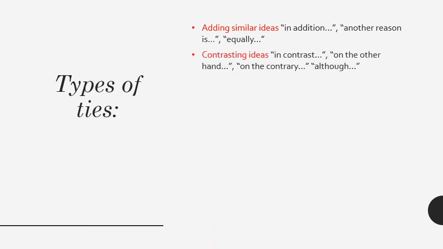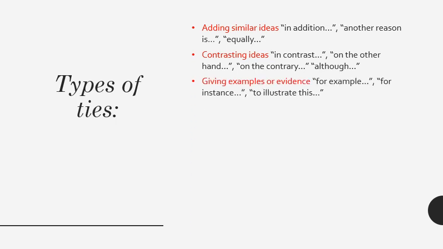But if you have contrasting ideas, you can use in contrast, on the other hand, on the contrary, although, and so on. By the way, in contrast, on the other hand, you can use these at the paragraph level, not sentence level, of course.